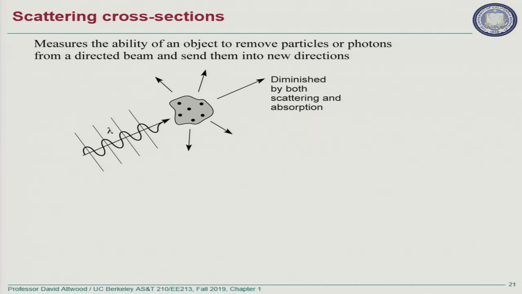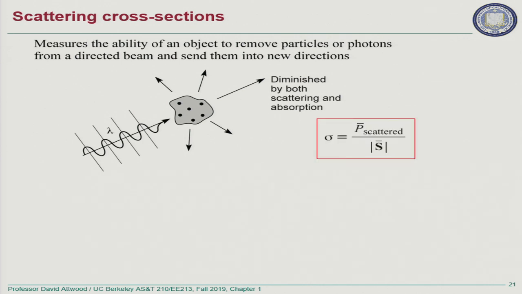So it could include both scattering and absorption, which would increase the cross section. Well, I guess only the scattering part would be just the phase, right?